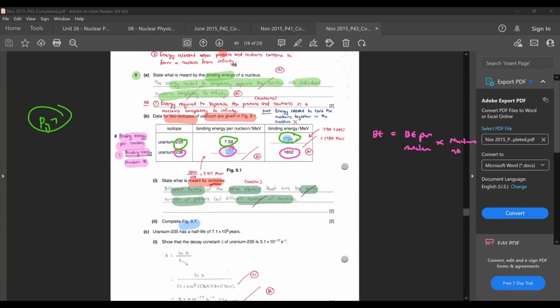Okay. Yeah, another thing that I should probably also mention to you here is please don't round up to 2SF or 3SF for your answers here. If you round it up to 3SF, this one will just be 1780 MeV, right? Don't write it like that. You just write it as the full SF because you notice the table here is not rounded up to 3SF or 2SF. You see, it's 1802. It's actually all the way up to 4SF.